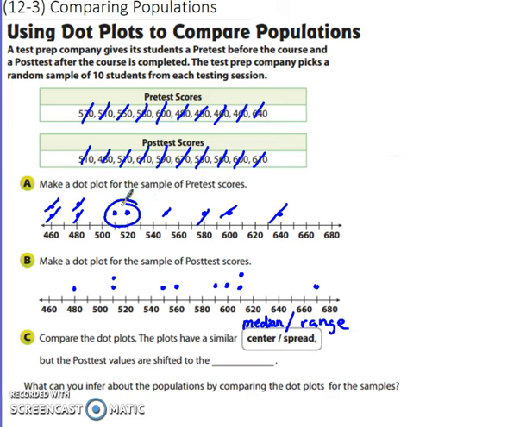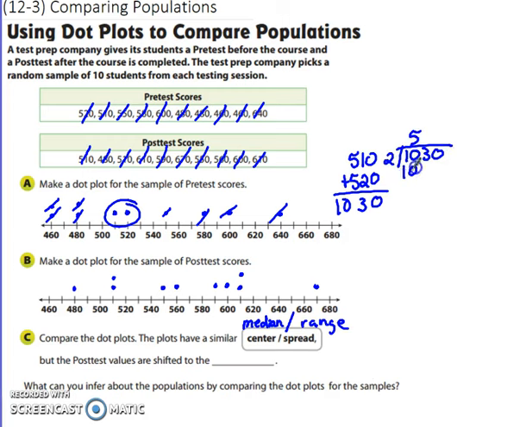When we have two numbers in the middle, we have to add them up and divide by 2. So we are going to add up 510 plus 520. When we add this up, we get 1030.